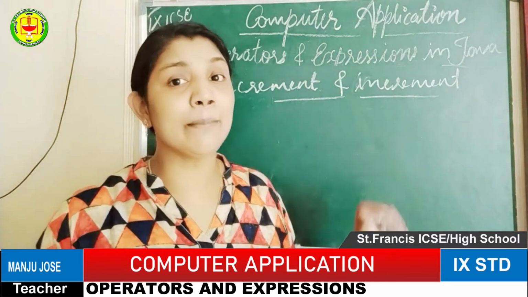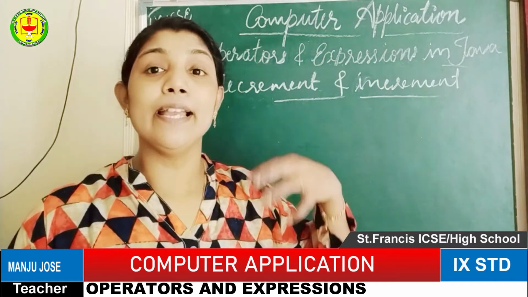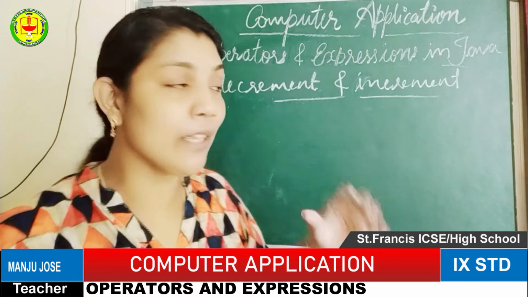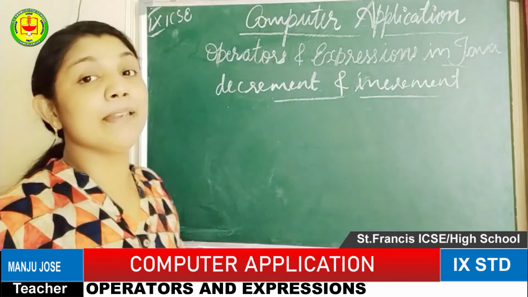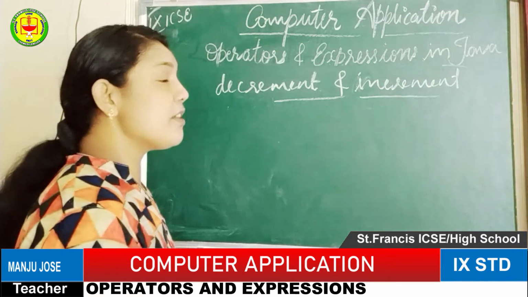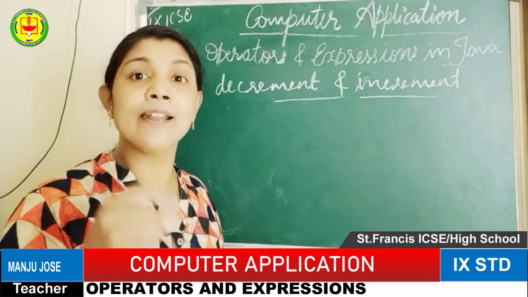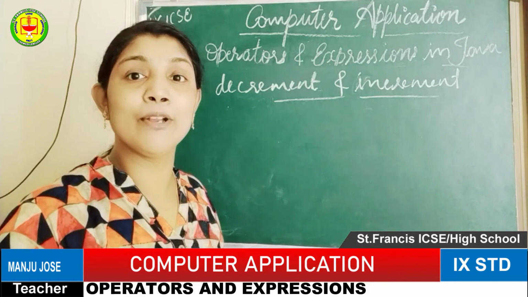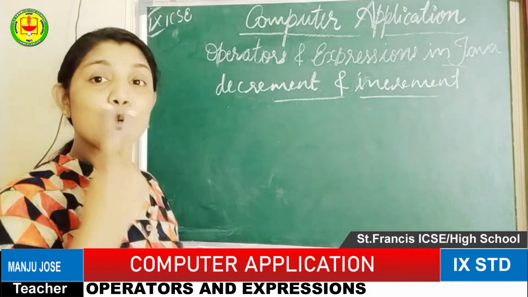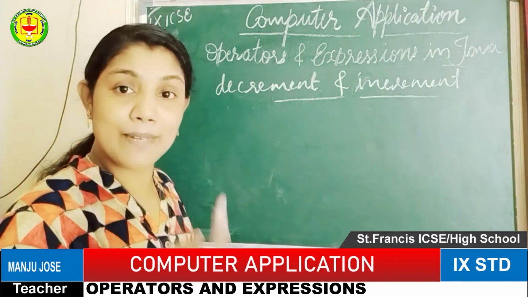Then we'll see how the increment and decrement operators are evaluated or executed. It is a very simple operator. The addition and subtraction symbols are used as increment and decrement operators, but the speciality is that 2 additions will be together, 2 subtractions will be together.